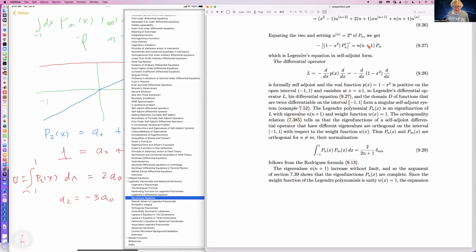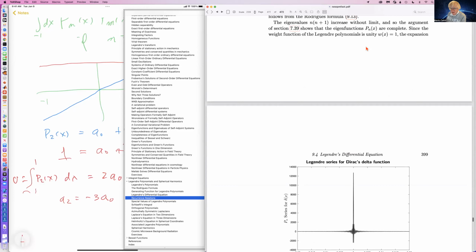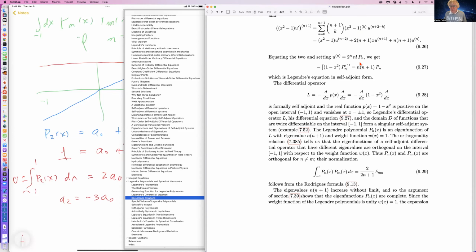Here I've got n(n+1). So it's simply, all right, I must say I'm a little confused about this. I don't see rho here.